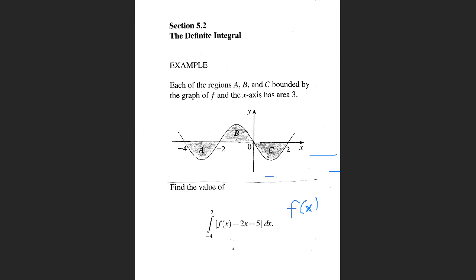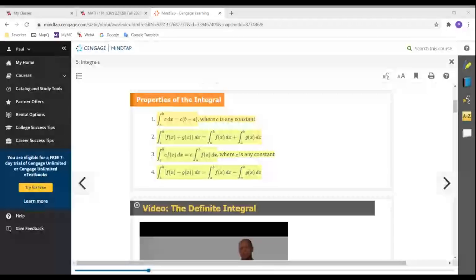And may I go to the ebook? Does everybody have the example copied okay? Okay, all right. So if I go to the ebook here, and go back to the properties, these 4 properties, 1, 2, 3, and 4, which property am I going to use?